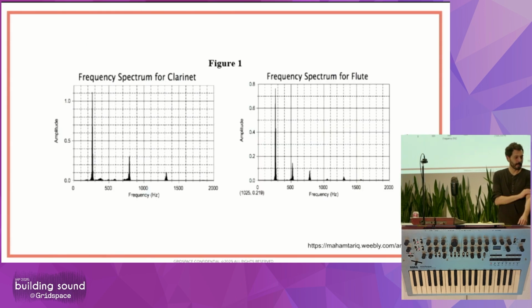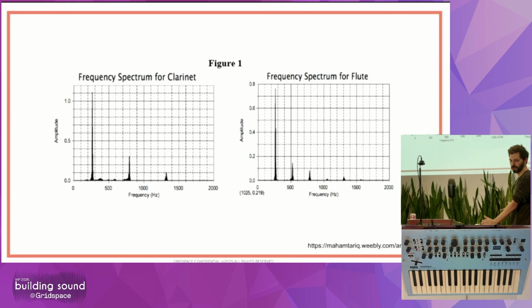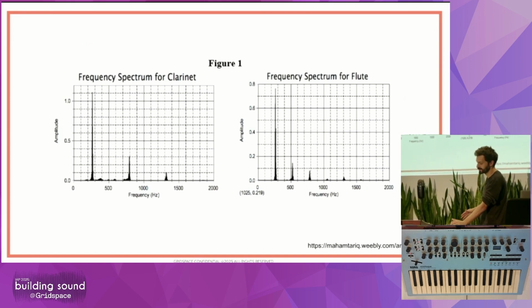So one interesting thing you can do is look at frequency spectra for various instruments, and then try and figure out, reverse engineer, how you might create a sound like that on the synthesizer.